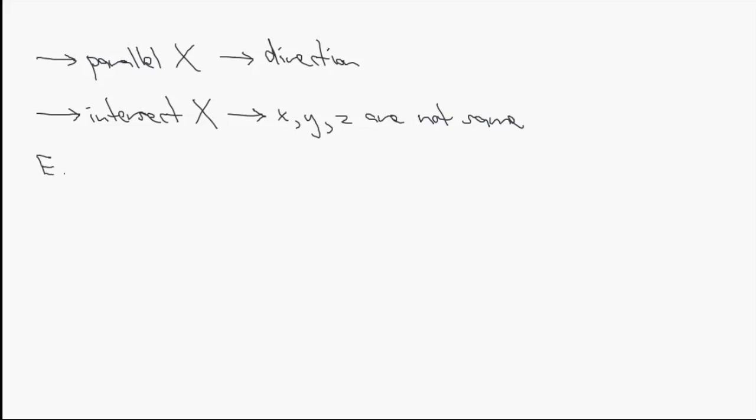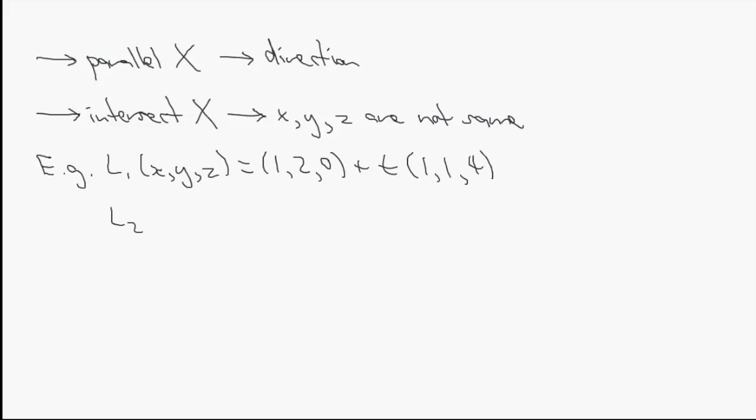Then once again, I'll give an example. Line 1, (x, y, z) equals (1, 2, 0) plus t(1, 1, 4). And for line 2, let's just say it's (2, 6, 4) plus s(3, 2, 13). Okay, let's split them all up by x, y, and z like usual.